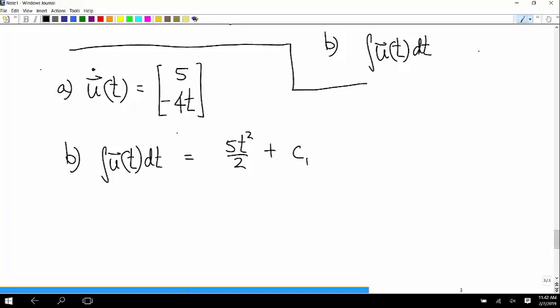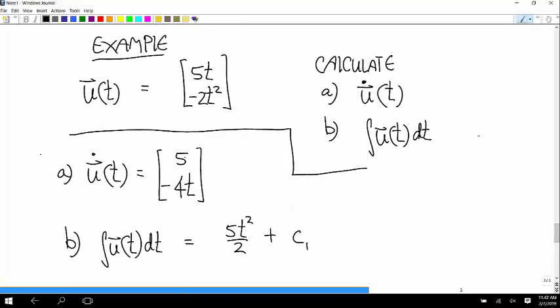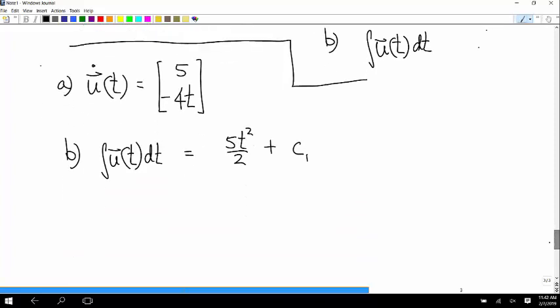And the y component is negative 2t, wait, yes, this is the one that's wrong. So I'm not integrating u dot, I'm integrating u. So negative 2t cubed over 3 plus c2. And that's the vector.